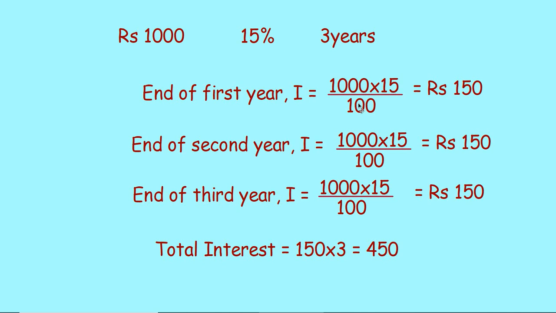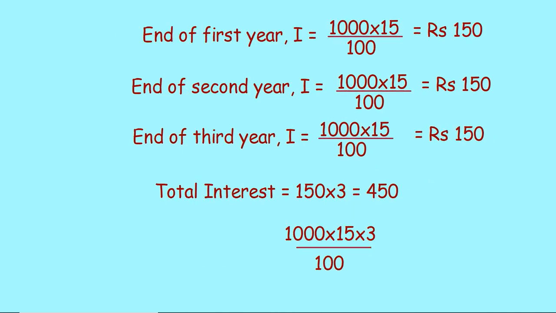That is, 150 means 1000 into 15 by 100. So total interest is 1000 into 15 into 3 by 100. Now what is 1000 here? 1000 is the principal, so it can be represented by the letter P. Now what is 15 here? 15 is the rate of interest, so it can be represented by R. Now what is 3? 3 denotes the number of years.